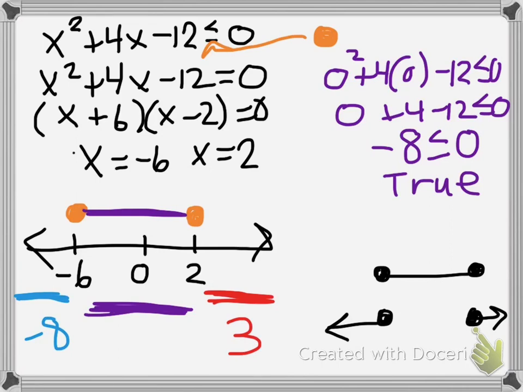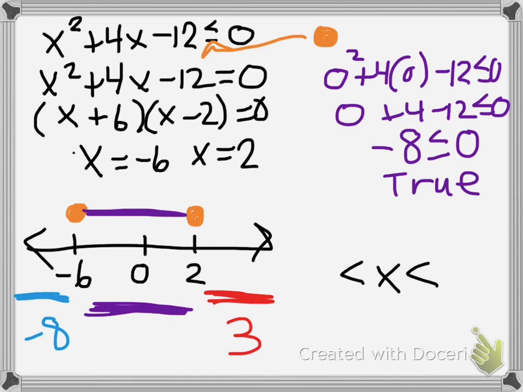So then the next thing I need to do is to actually write my final answer. The graph is part of my answer, but I also need to have my algebraic answer written down. And my algebraic answer, if you look at the graph, the way we would explain that would be numbers between -6 and 2. The way that I write that is to have x in the middle.